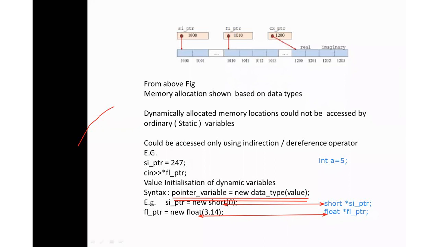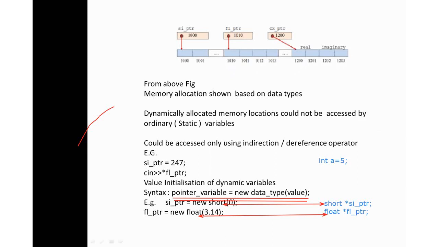Till that will be your dynamic memory allocation, and then inside round brackets whatever value you are going to give will be the value initialized to that particular pointer variable. Is it clear?